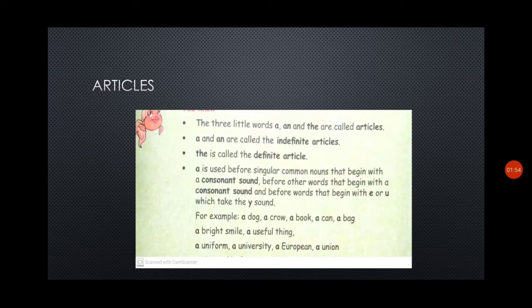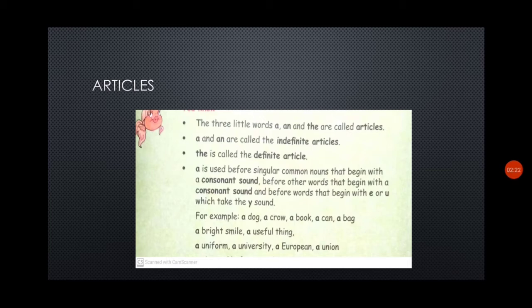Alright, for example, a dog, a crow, a book, a can, a bag. Now, in all these words, you can see a dog, D sound, consonant sound, a crow, K sound, a book, B sound, a can, K sound, a bag, B sound.